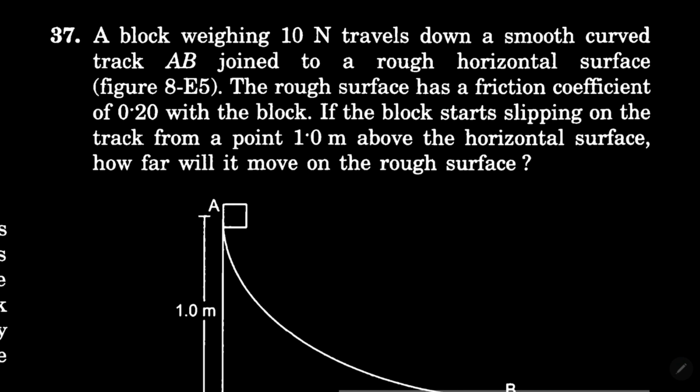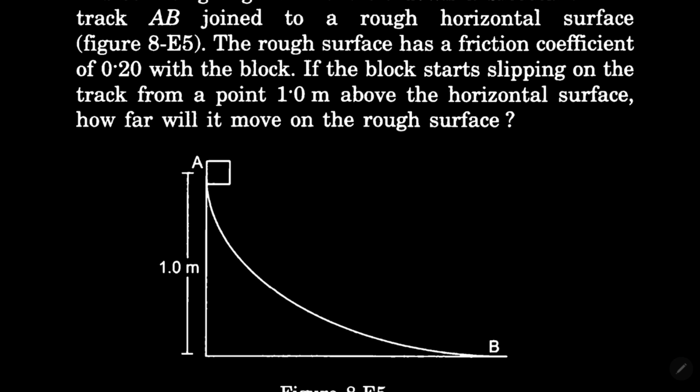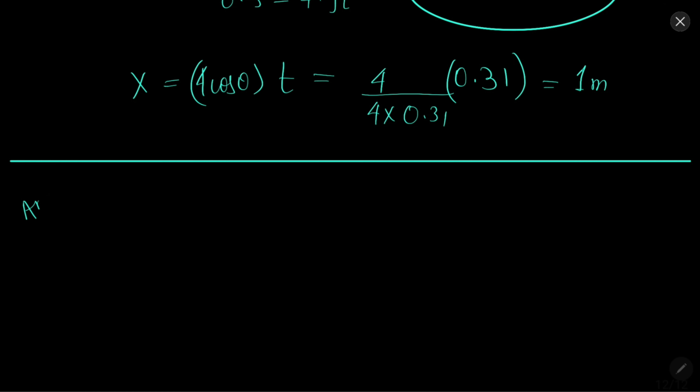In question 37, a block weighing 10 Newton travels down a smooth curved track. The rough surface has a frictional coefficient of 0.2. If the block starts slipping on the track from 1 meter above the horizontal surface, how far will it move on the rough surface? So this is 37. The change in potential energy will be equal to the work done, and the increase in kinetic energy will also be equal to work done.